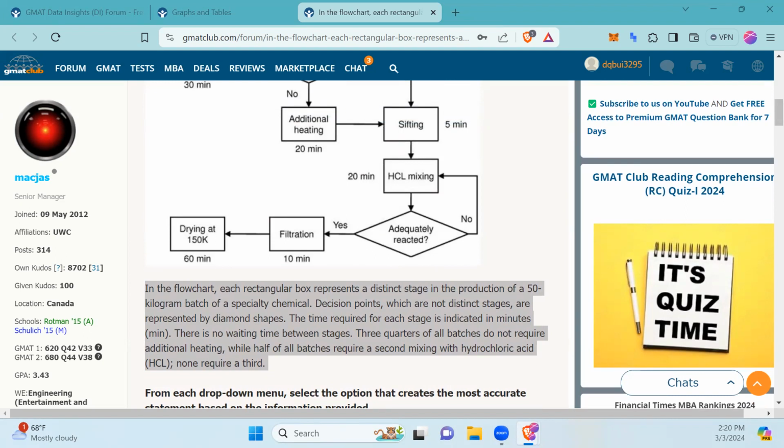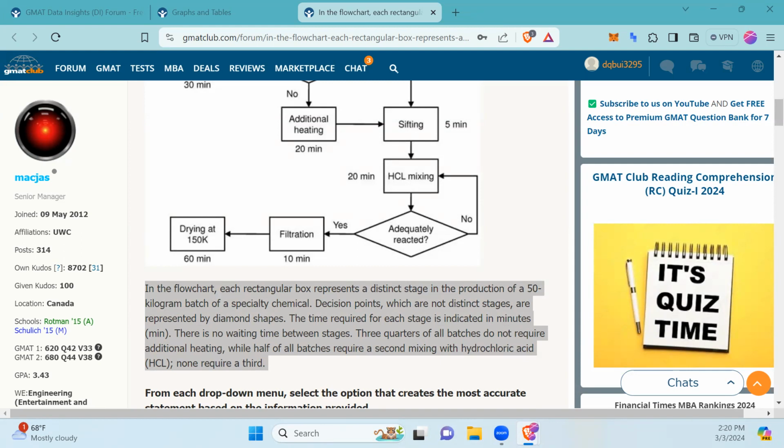Okay. Alrighty. So what's the prompt telling us? The prompt is giving us information about the share of batches that either require additional heating or require a second mix of hydrochloric acid.